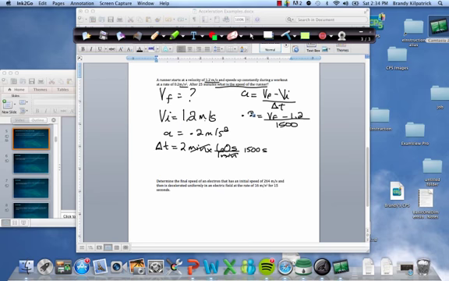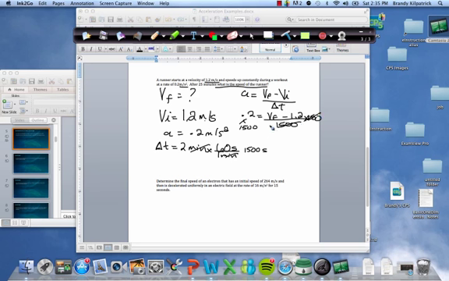All right, so 0.2 is equal to Vf minus 1.2 divided by 1,500. So the first thing I need to do, I need to get rid of the 1,500 before I can do anything else. So multiply both sides by 1,500.